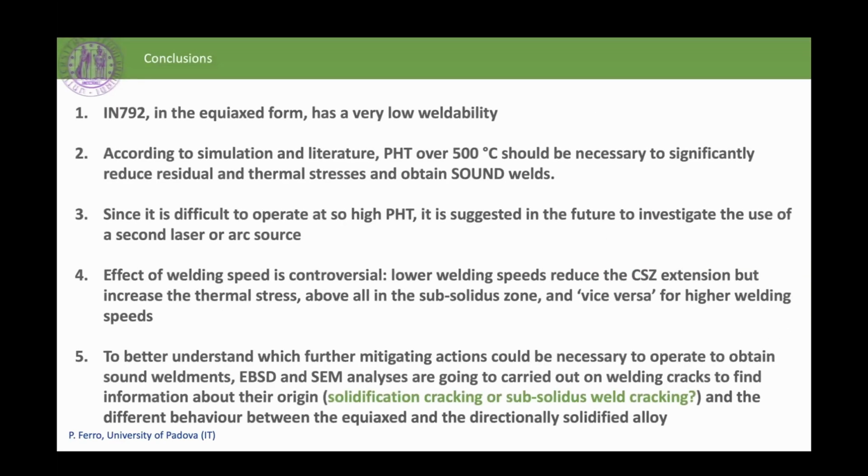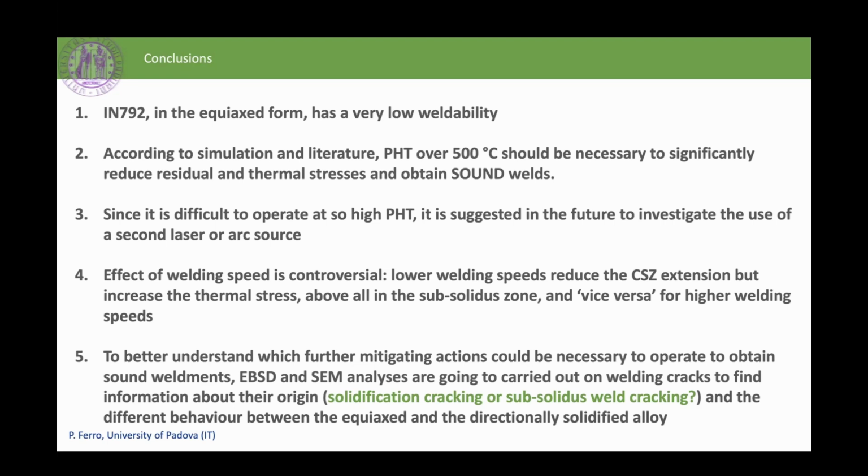So for the conclusion, we can say that such a kind of alloy, the nickel-based alloy Inconel 792, is very difficult to weld. Or in other words, it has very low weldability, at least in the equiaxed form and by laser. According to the simulation and literature, if we hope to obtain a sound weld, we probably need to operate with a preheating temperature over 500 degrees.